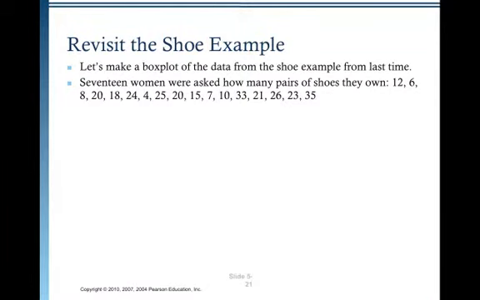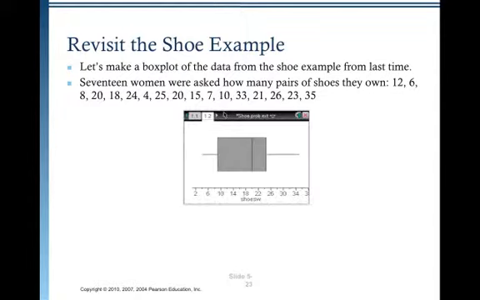Okay, so let's make a box plot of the data from the shoe example from last time. If you want to get out your calculator, that would be great so that you can actually play around with it and make sure that you can do this. The 17 women were asked how many pairs of shoes they own, and we have our answers.